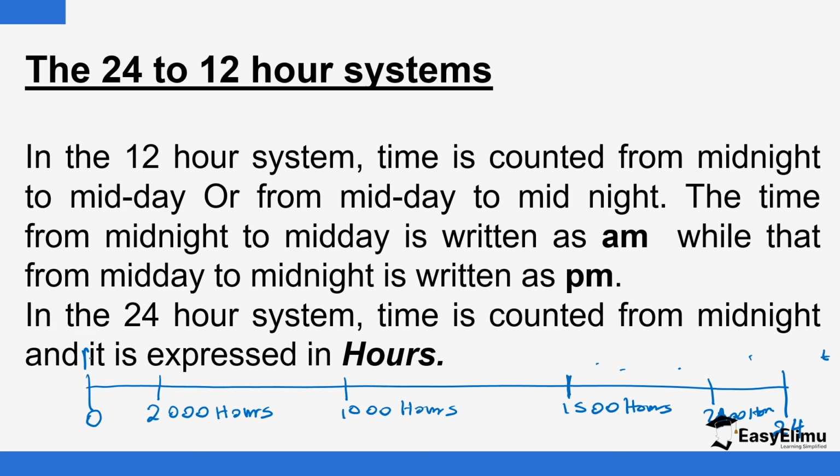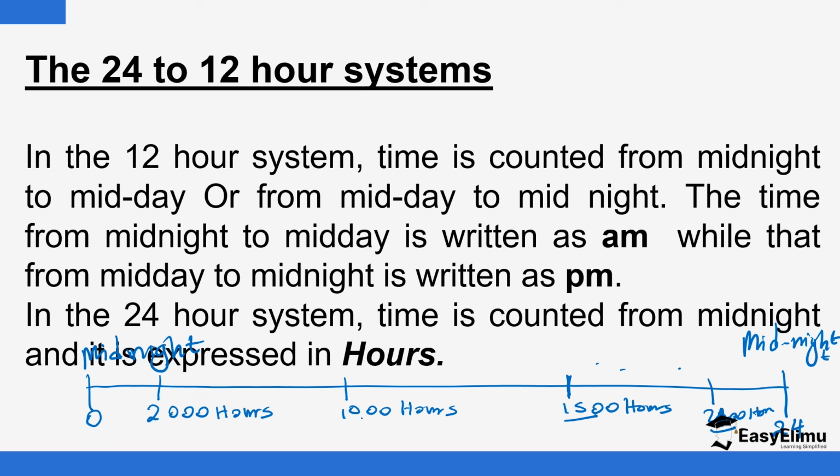Now we have midnight here, and we have the next midnight here. So 24 hours. We say time is counted from midnight, and it is expressed in hours. So how many hours from the previous midnight? 15 hours, 21 hours, and so on.